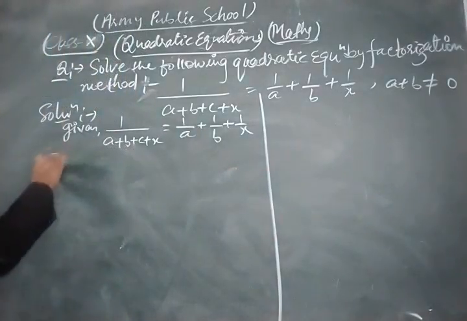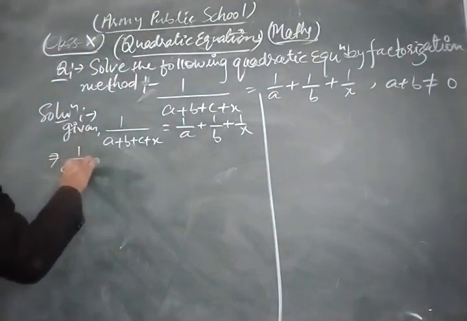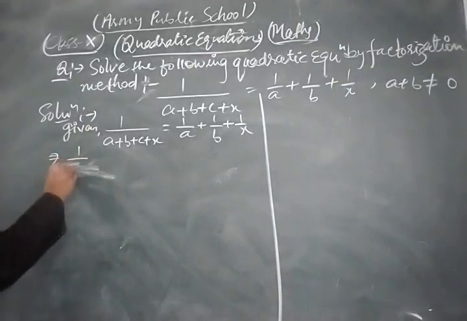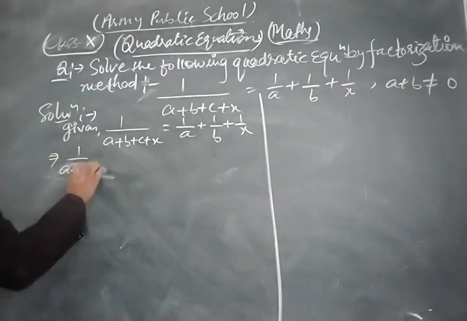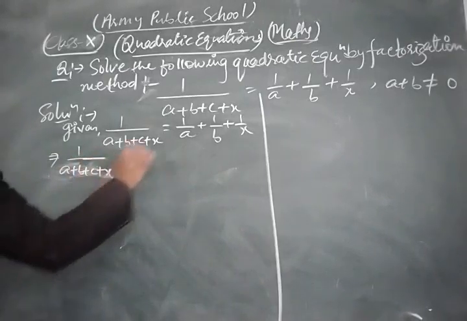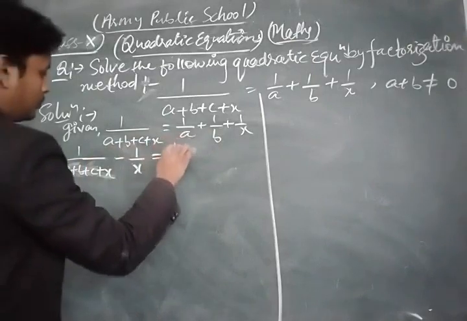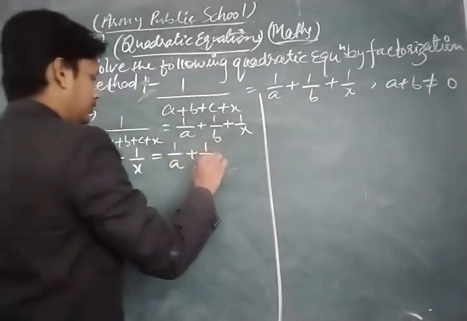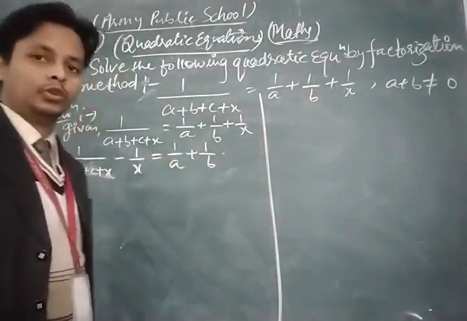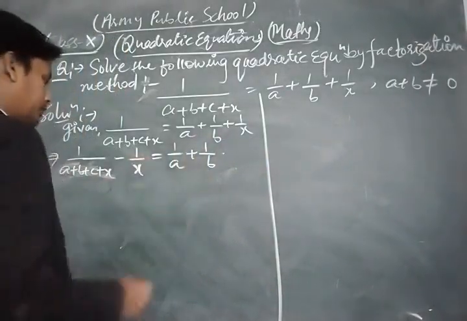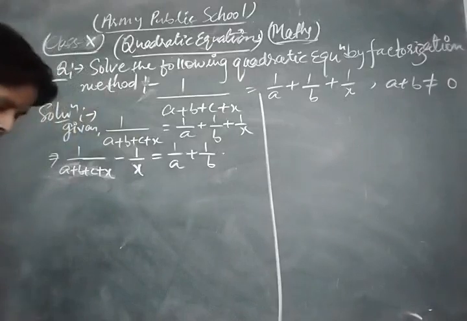So now we can write a plus b plus x, with 1 by x transferred to that side, so 1 upon x is equal to 1 upon a plus 1 upon b on the left. Now we take the LCM on both sides of the relation.